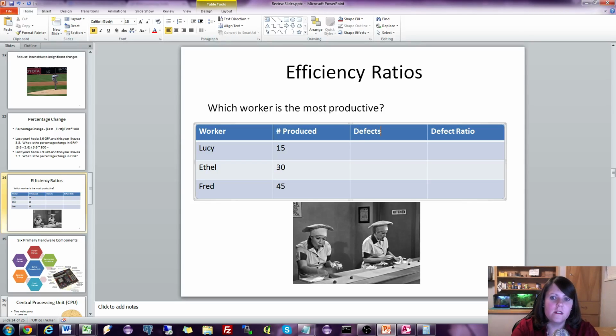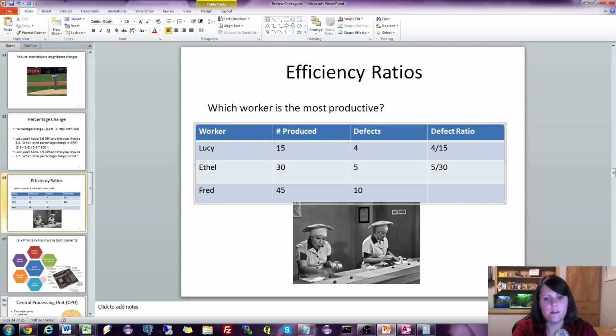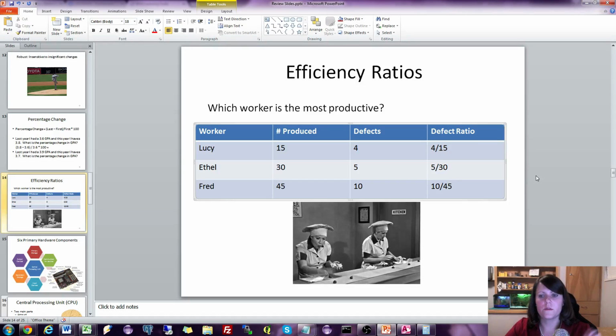So, for example, if Lucy has 4 defects, Ethel 5, and Fred 10, and we want the defect ratio, we just divide the number of defects over the number produced, like so, and then figure out who was most accurate and precise in terms of their production. So just so you don't get confused if there's time involved, when we're looking at a defect ratio, we're looking at how many bad items divided by how many good items there were.